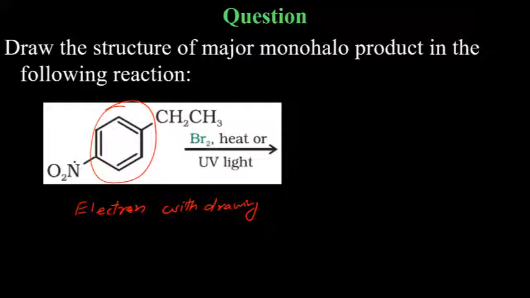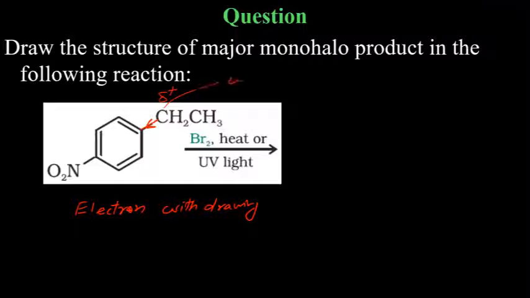So it will pull the electron density towards itself. When it pulls electron density away from carbon, this carbon will get more positive charge because negative has been removed from this one.